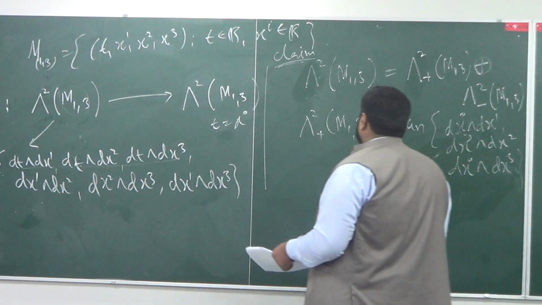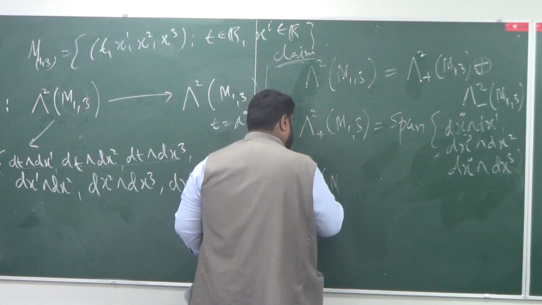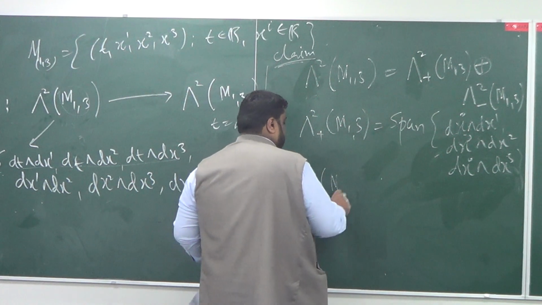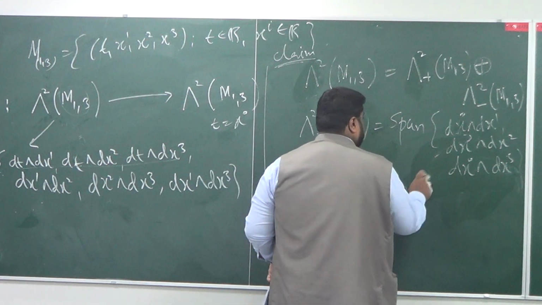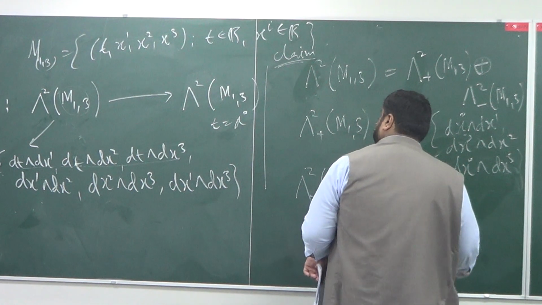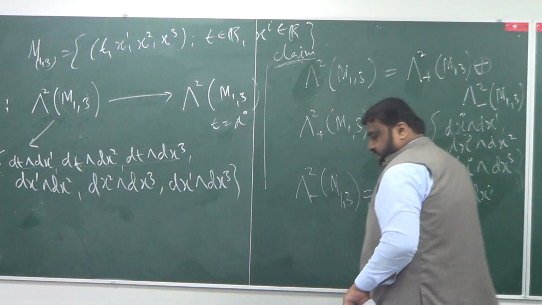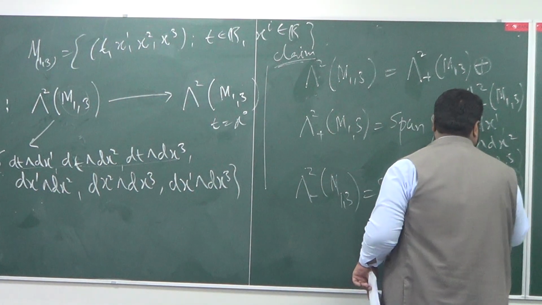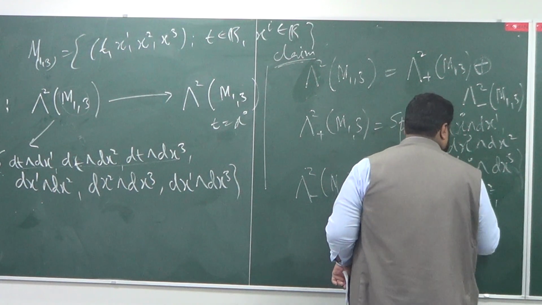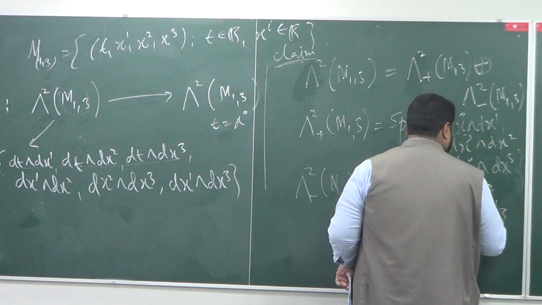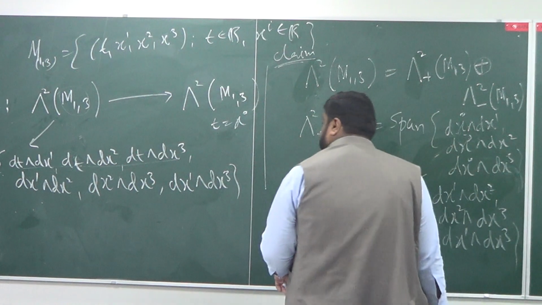And this minus space is spanned by dx1 wedge dx2, dx2 wedge dx3, and dx1 wedge dx3. Okay, yes.